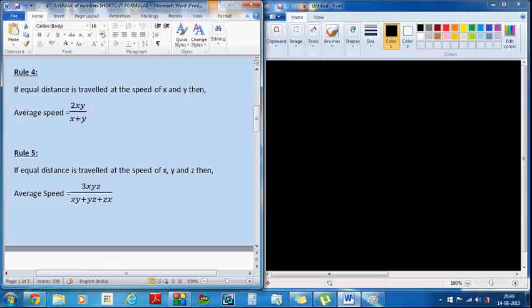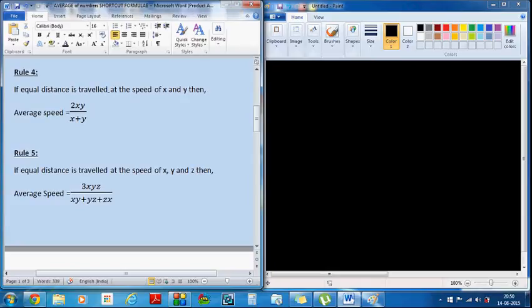So here equal distance means, suppose a train travels from Howrah to Chennai, and again it returns from Chennai to Howrah. Then it has covered equal distance in both ways. So what will be its average speed?